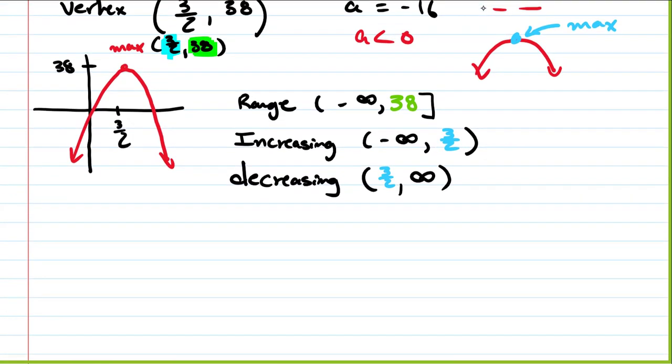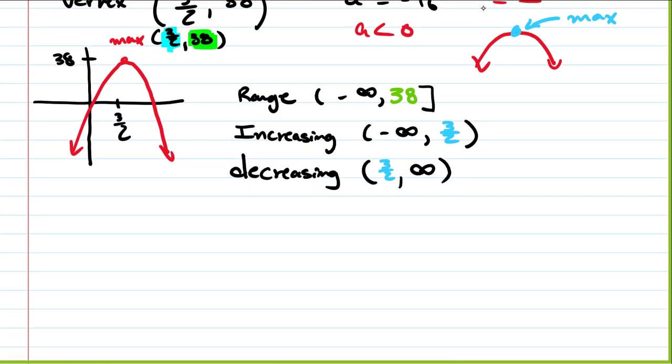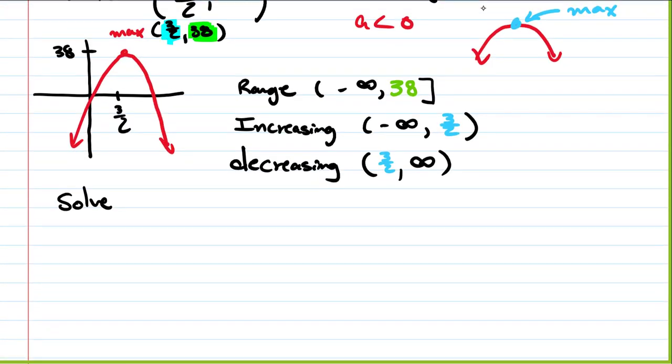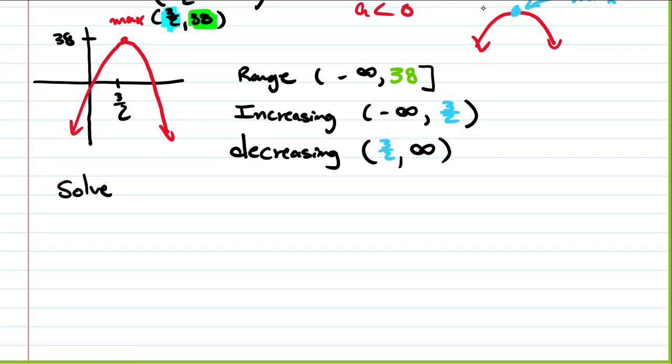Finally, the last thing we want to find is the x-intercepts. So remember, x-intercepts are the same as the zeros, the same as the solutions. So I need to solve f of x equals 0.